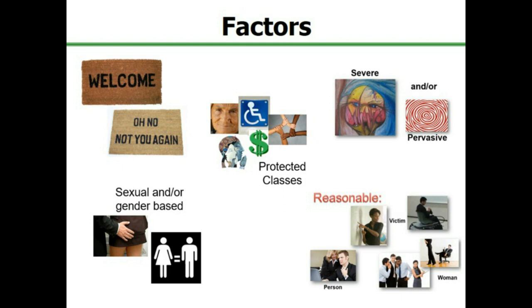Often a reasonable woman standard is used, or a reasonable victim. And is it sexual and or gender based, or based on any protected class? Let me put this again, because it gets confusing. You will have to make this determination. Almost everybody's policy has this as a definition, and this is the law based on Title VII. So let's go to Susie and Johnny.